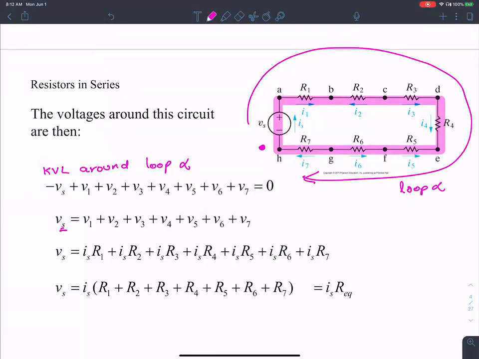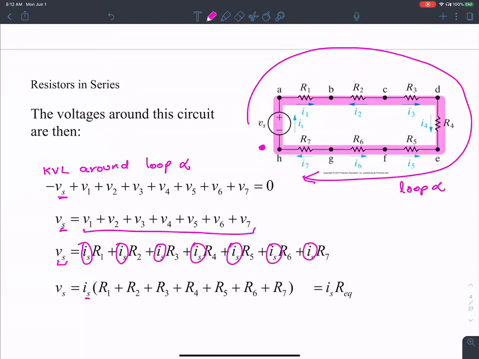Then if you rearrange this, Vs should be the sum of the voltages that are dropped across all the resistances. The important thing is the current flowing through all the resistances is the same, Is.